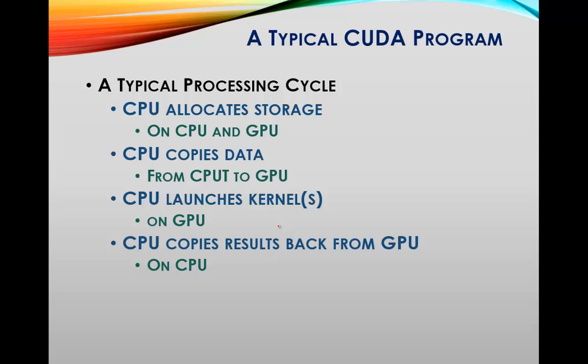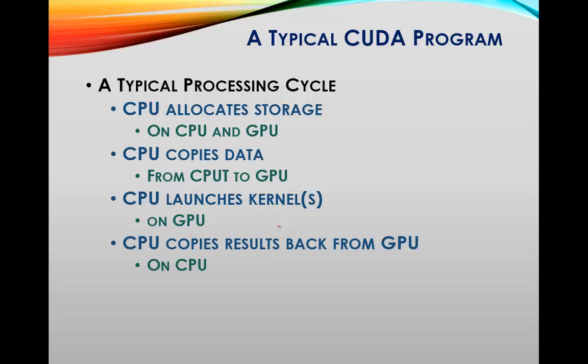To allocate memory on the CPU, you create pointers, and then you use either the alloc or malloc functions, which are C functions, or the new operator, which is basically C++, to allocate memory on the CPU memory, or the host memory.